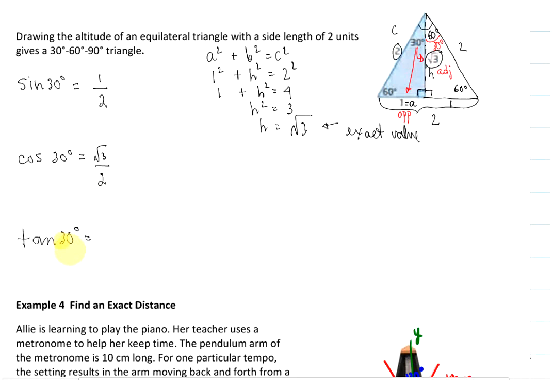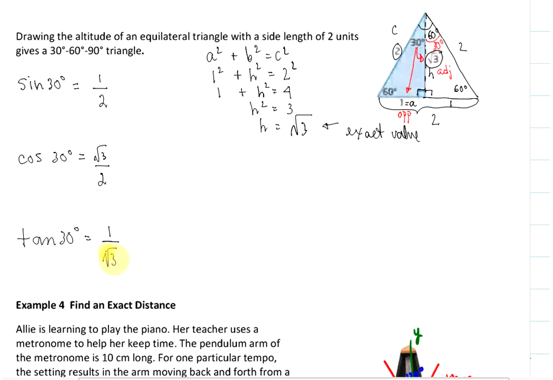Exact ratio for tangent is opposite over adjacent, so our opposite is 1, and the adjacent is root 3, so we get 1 over root 3. Remember, don't change any of those radicals to decimals because they will no longer be exact values.